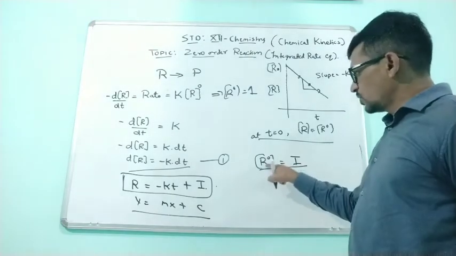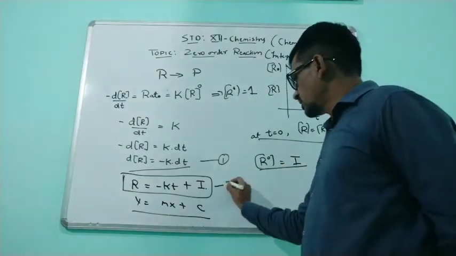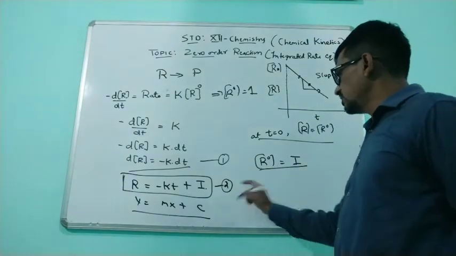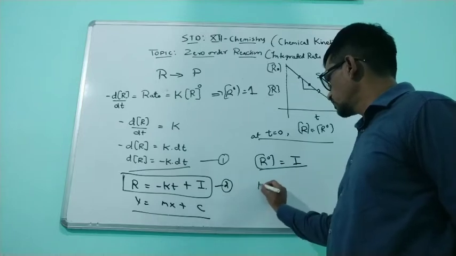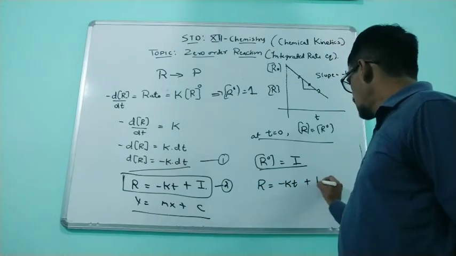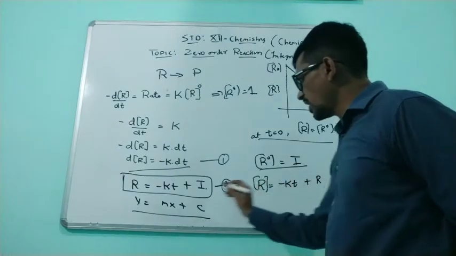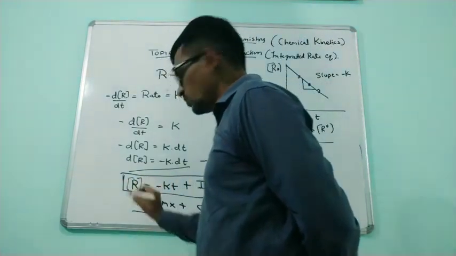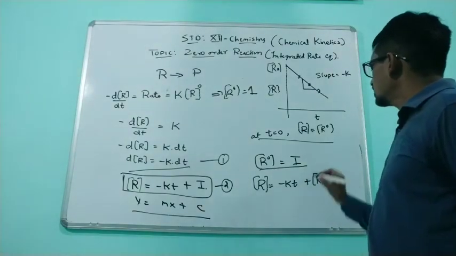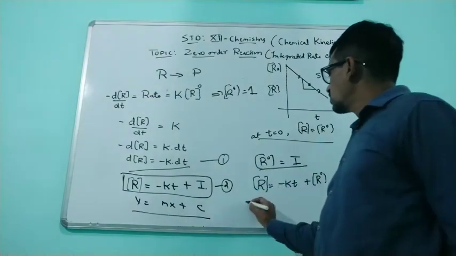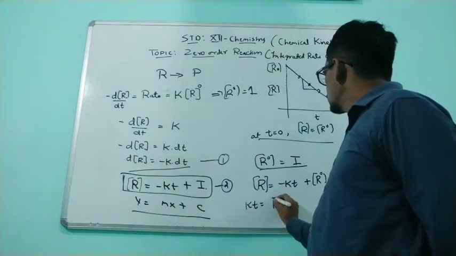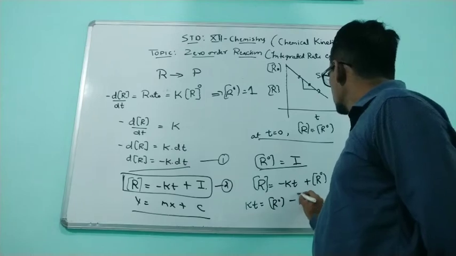This I value you put in equation number 2, so it turns to [R] is equal to minus kt plus [R]0. This is concentration, so you write it in square brackets.